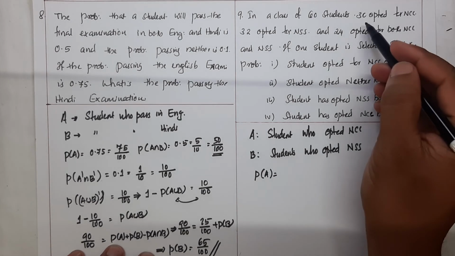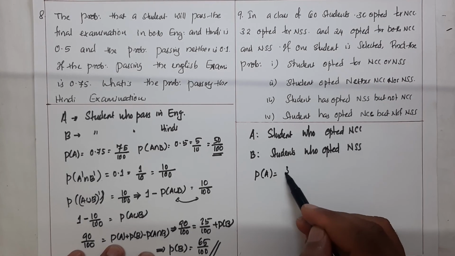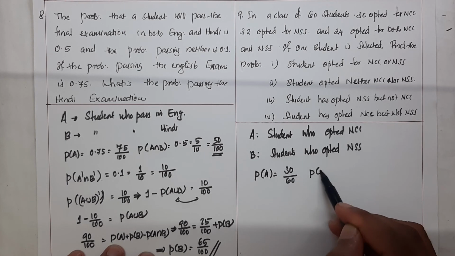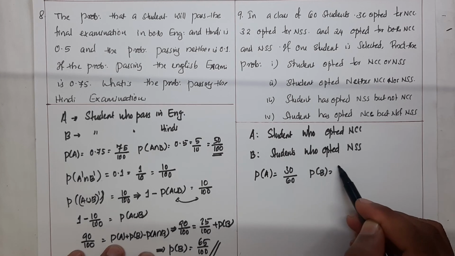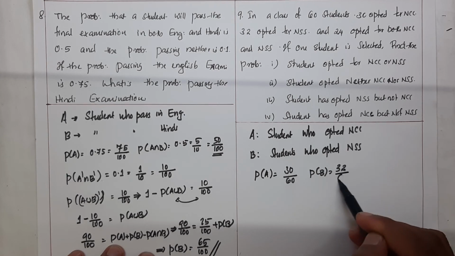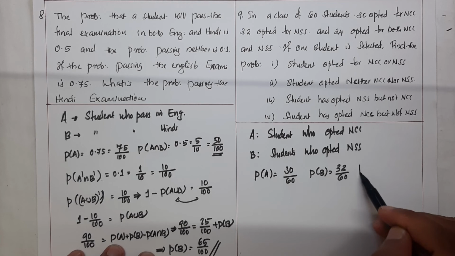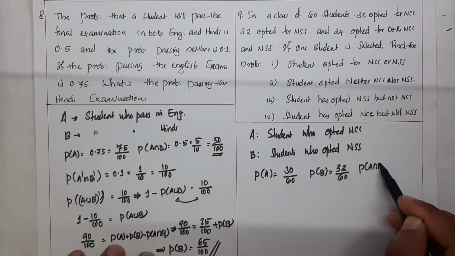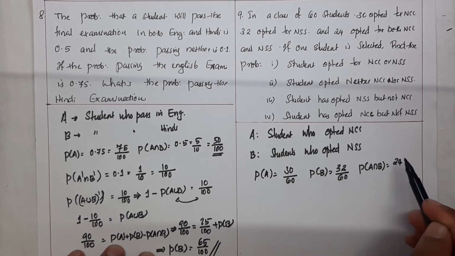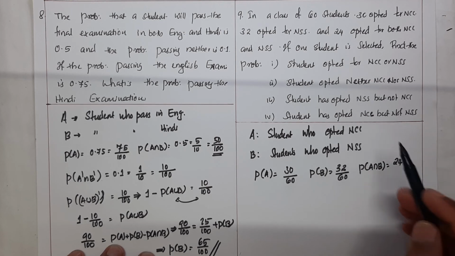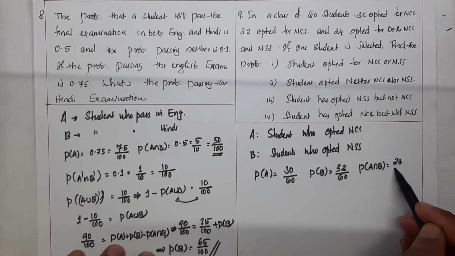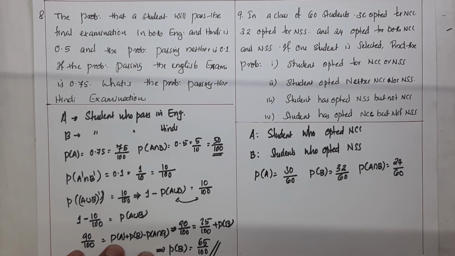NCC obtained 30 students, and its probability becomes 30 divided by the total outcomes, 60. P of B, NSS obtained 32 students, so the probability is 32 divided by 60. And P of A intersection B is 24 divided by 60, since both NCC and NSS have 24 students in common. These are the probabilities of each event.